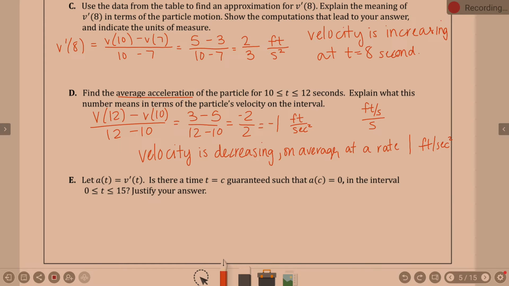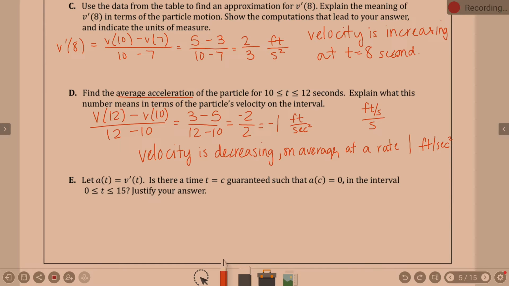You see it? What we did see was a positive acceleration and then a negative. Look at parts C and D. C was finding V prime, and it was specifically on the interval from 7 to 10, correct?